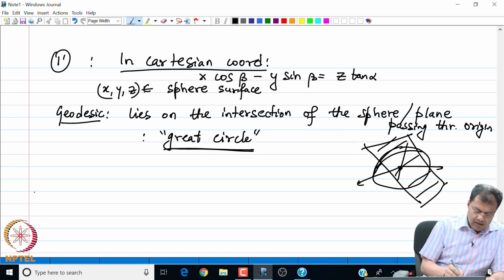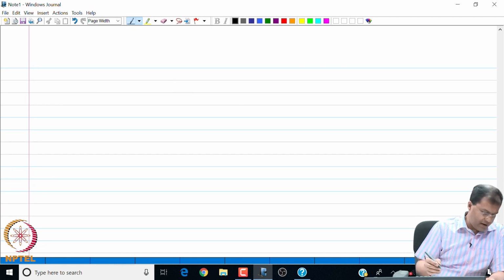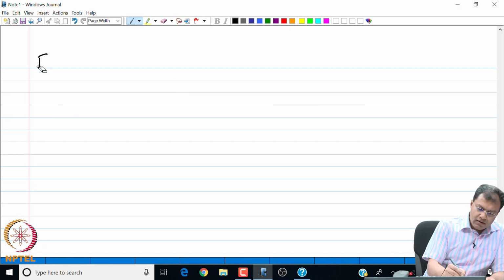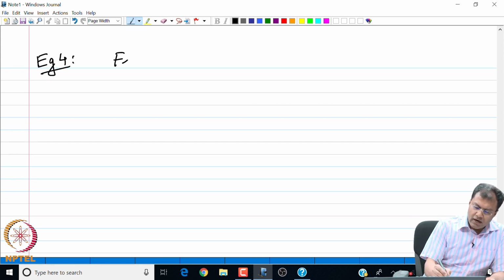Okay, so then let us look at another example which falls under this case. A very interesting example: how light travels through different media. Students who have done science in class 12th must recall Snell's law and Fermat's principle of geometric optics.